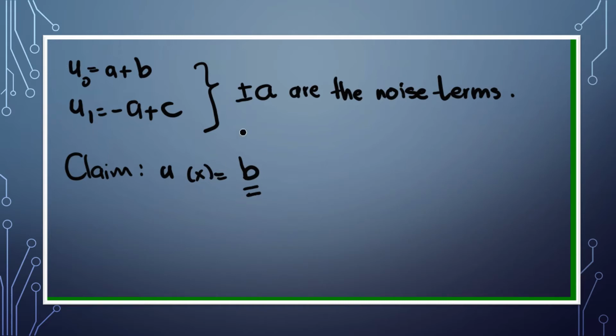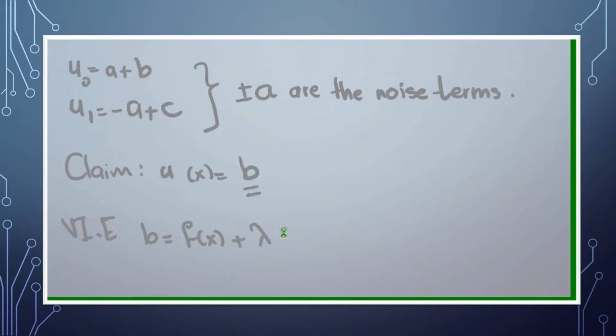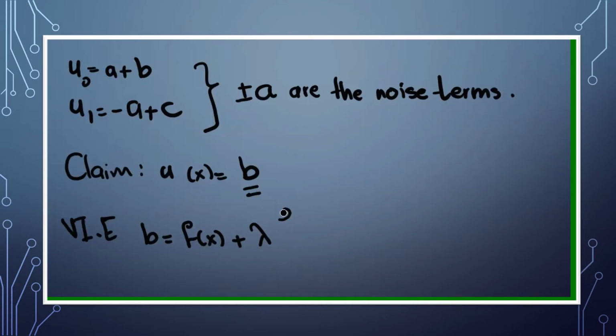Okay, then what do we do? We substitute in our Volterra Integral Equation. So we write b equal f of x plus lambda, the integration from 0 to x, k of x in t, b dt.